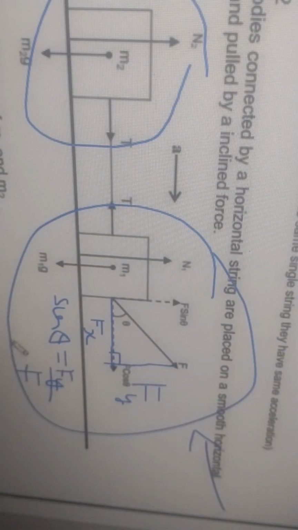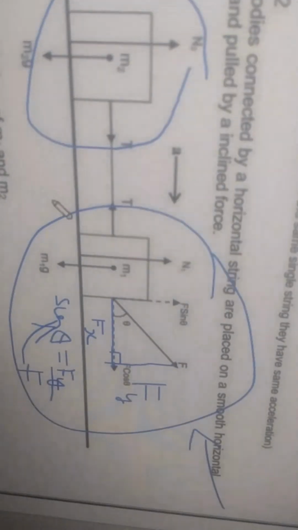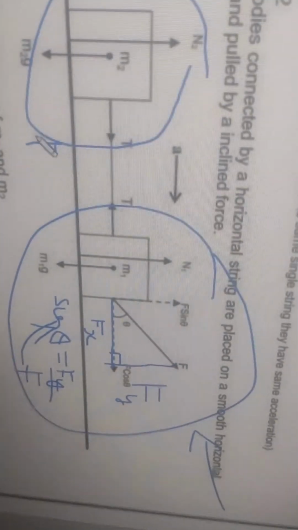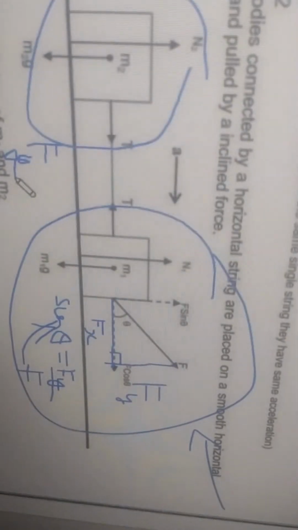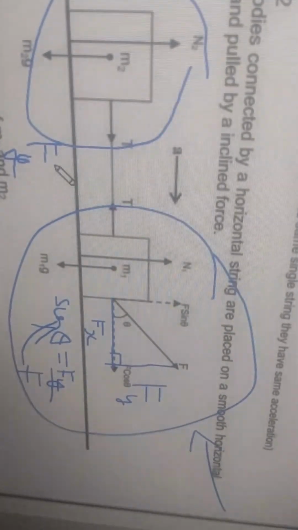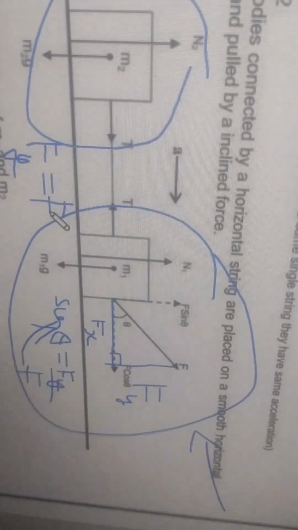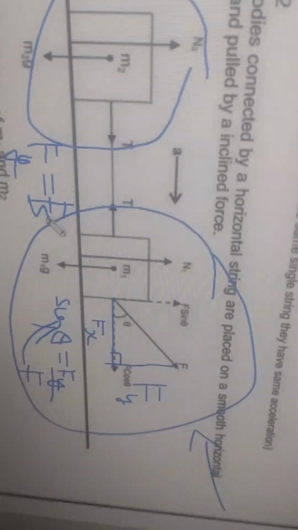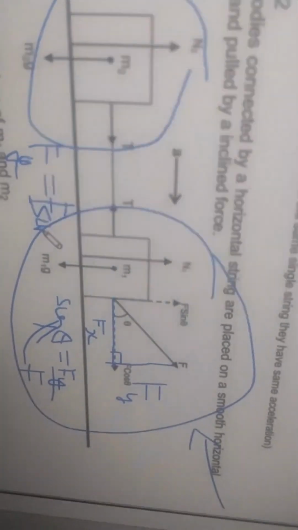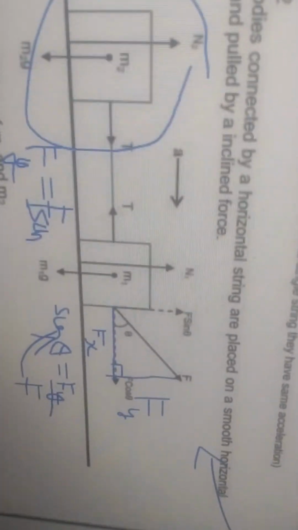If we do the cross multiplication here, F of y is equal to F sin theta. Theta is the angle.